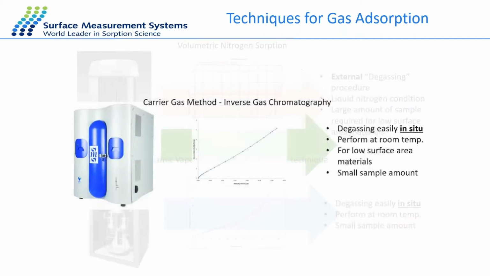And the carrier gas method, like IGC, is also a technique you can use. The benefits of using IGC are that the degassing is in situ, you can measure the adsorption isotherm at ambient condition, and you can use organic vapors.